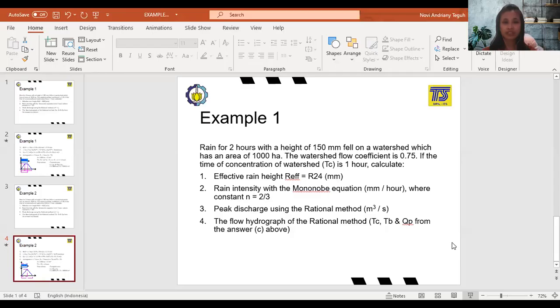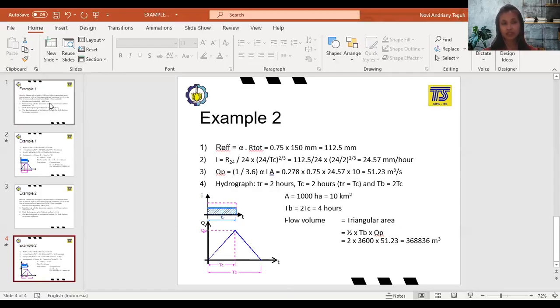So about the example of hydrograph, there are only these two. But if you still remember, we have like 3 examples of hydrograph. The other one is the triangular one, but it has different length between the time before the peak discharge and after the peak discharge.